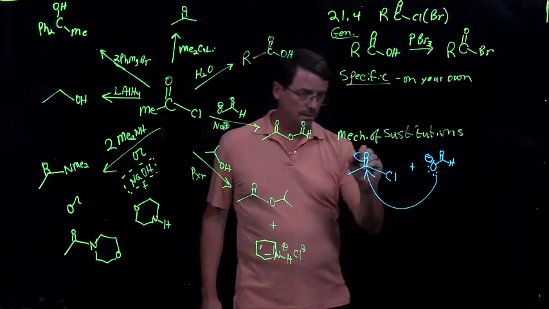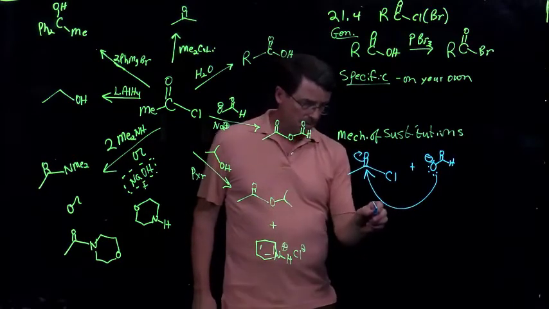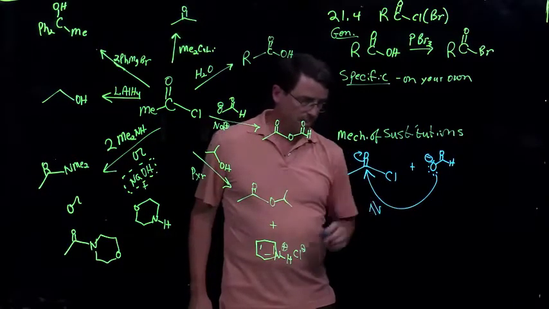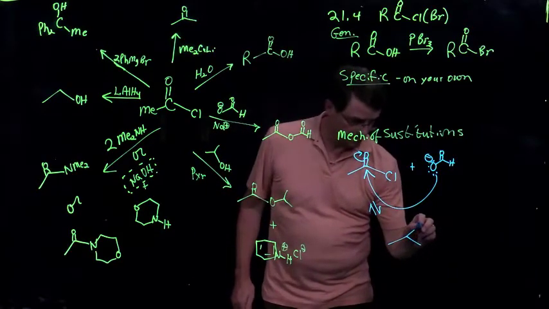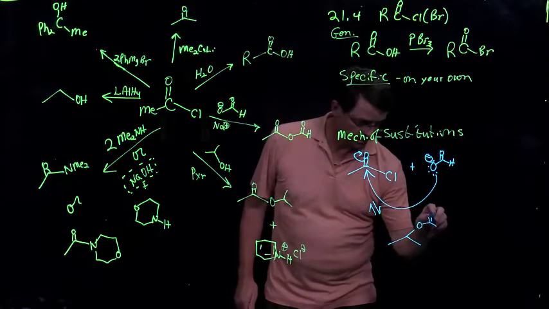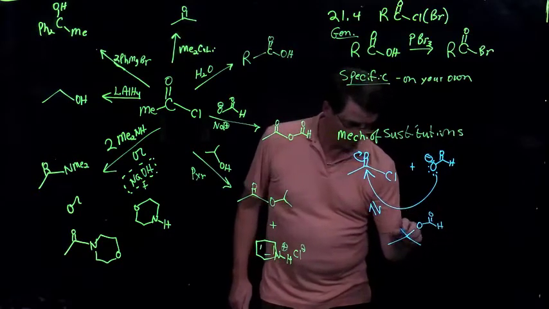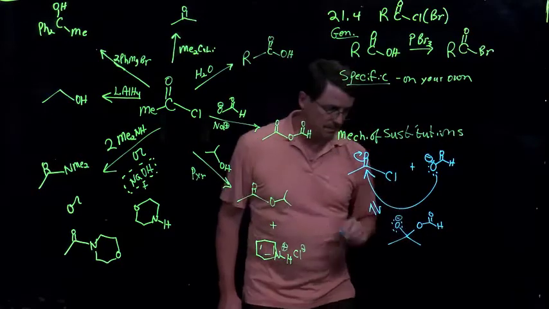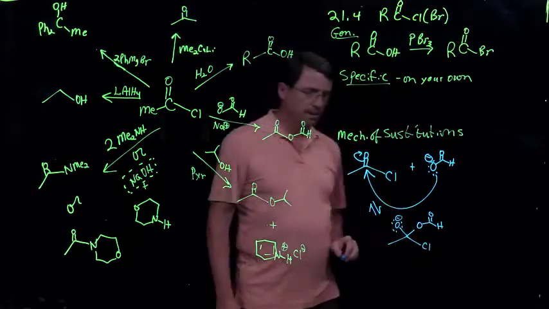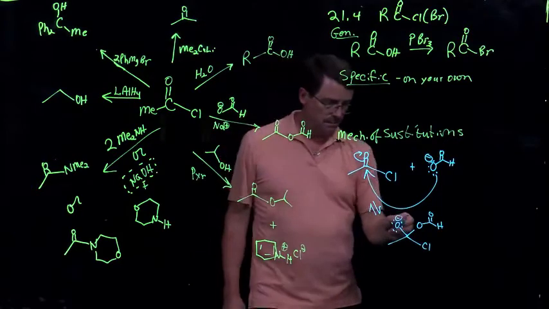So we have the addition. This is a reversible process. It produces a tetrahedral intermediate. Of course, this tetrahedral intermediate has two leaving groups.